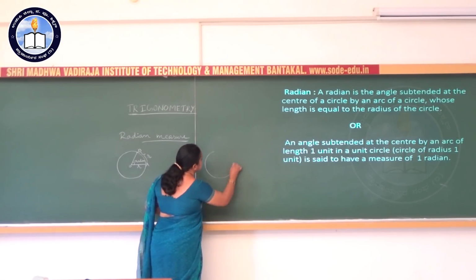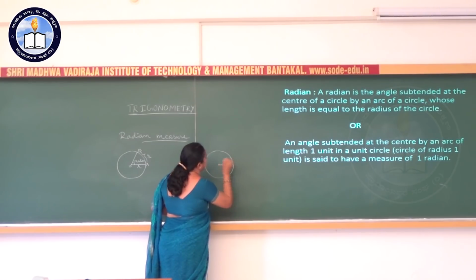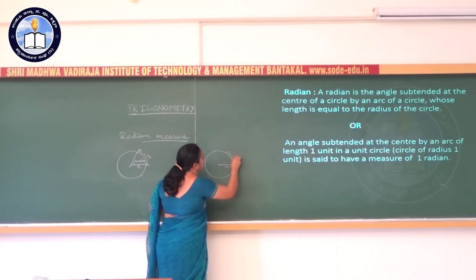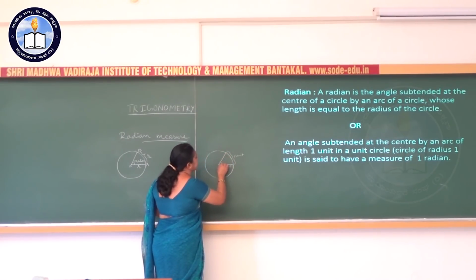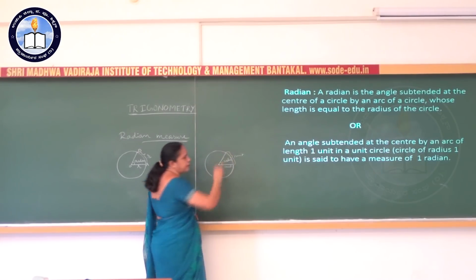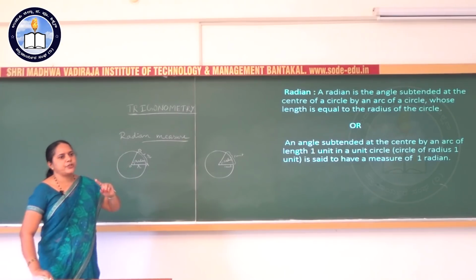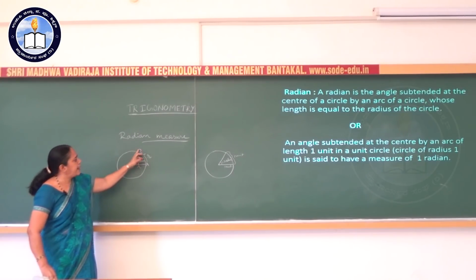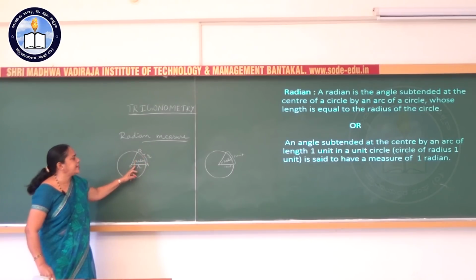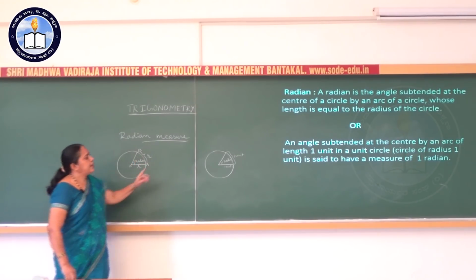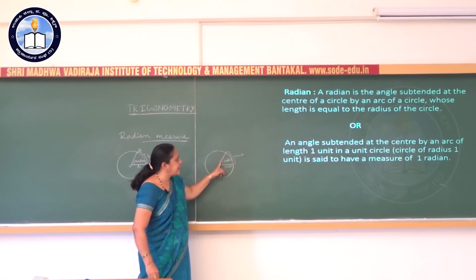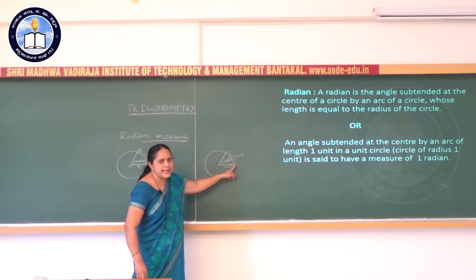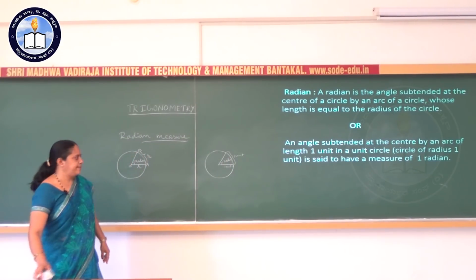That means, in a circle of radius 1 unit, an arc of length 1 unit subtends an angle of 1 radian at the center. This is the definition of a radian.